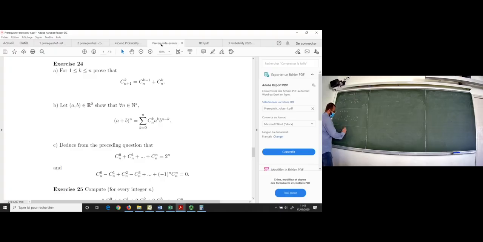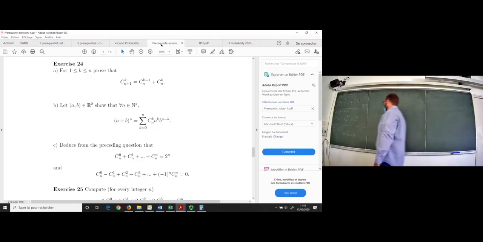It is n factorial over, replacing k by k minus 1 in the formula, (k-1) factorial multiplied by (n-k+1) factorial, because I have n minus (k minus 1), so it is n minus k plus 1.